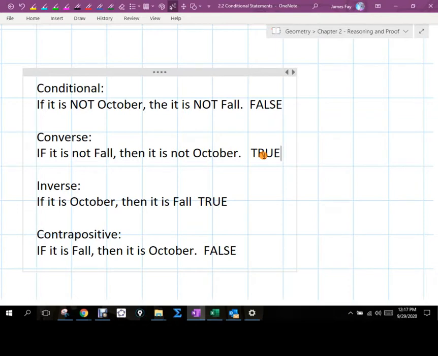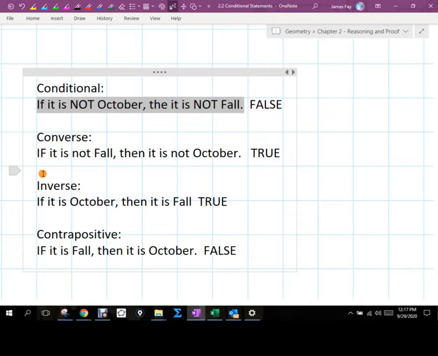But like I said, when we put math context into some of these, they're hard to answer. If I know that the conditional and contrapositive always have the same truth value, and the inverse and the converse always have the same truth value, and they start me off with this and I'm uncertain about it, write the contrapositive and see if you can answer that as true or false. And it'll tell you what the conditional is. Does that make sense?